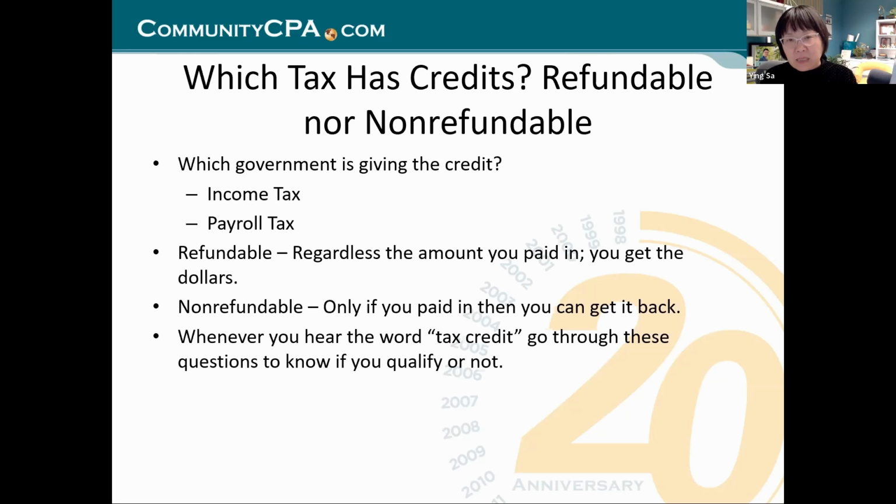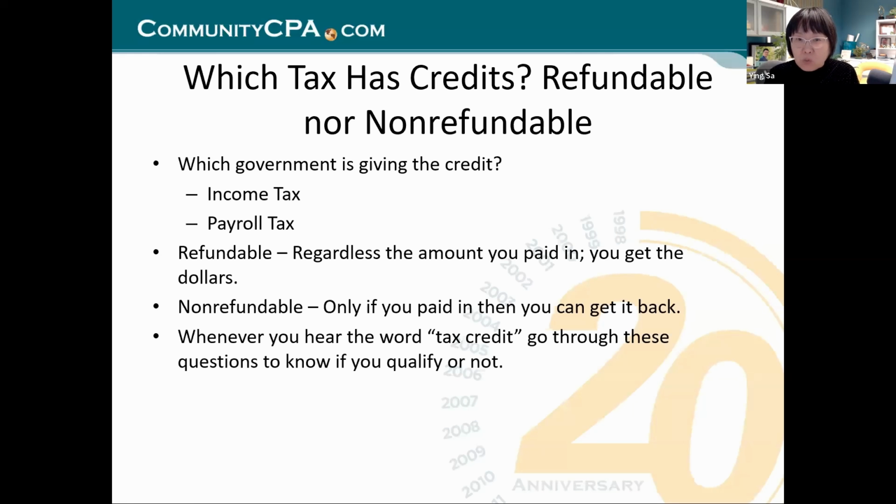Credit against income tax, payroll tax, property tax, state tax. Anything is possible, right? So you want to be really clear, when the government gives you a tax credit, what to offset it to. The third one: a tax credit is refundable or non-refundable.